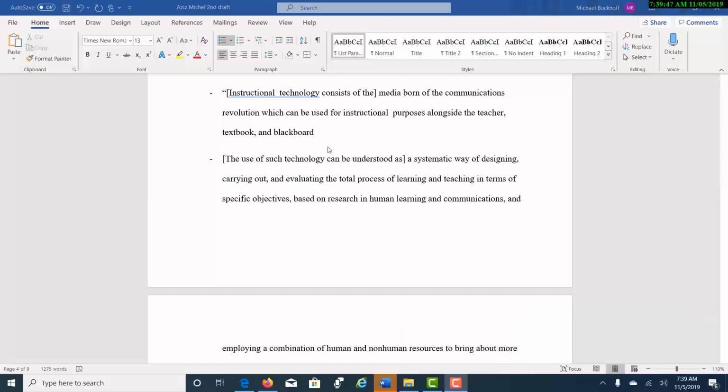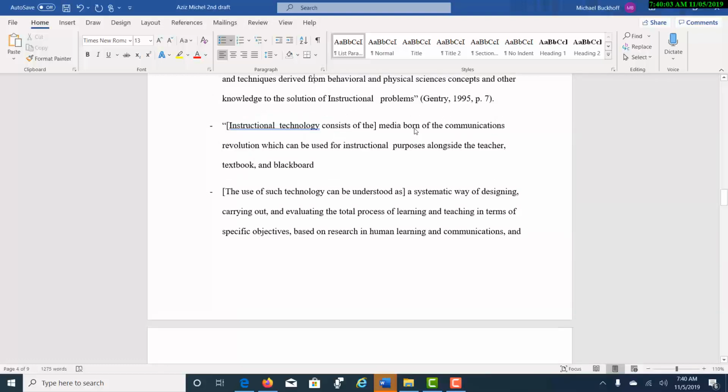You've got to figure out this part here. I created a new bullet for it, but maybe that's not what you're trying to do. So we've got to figure this out. I don't know. Let's see what we have here.